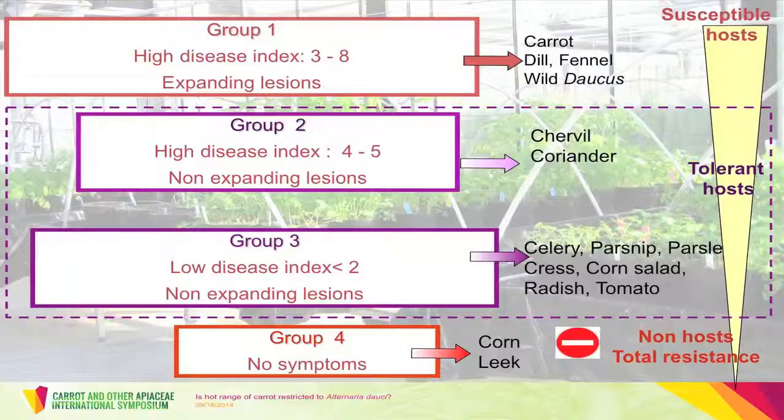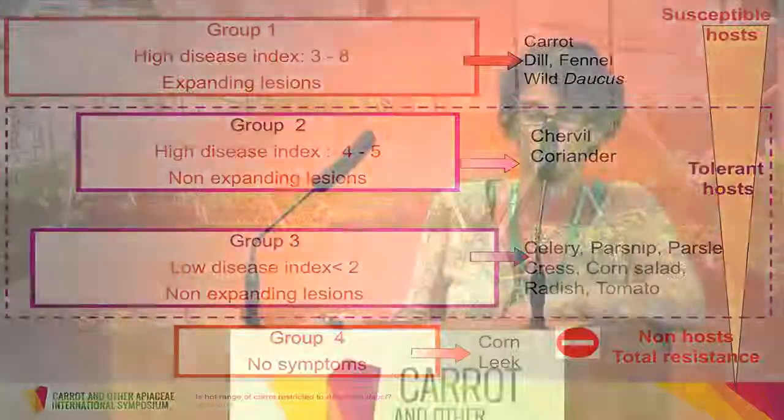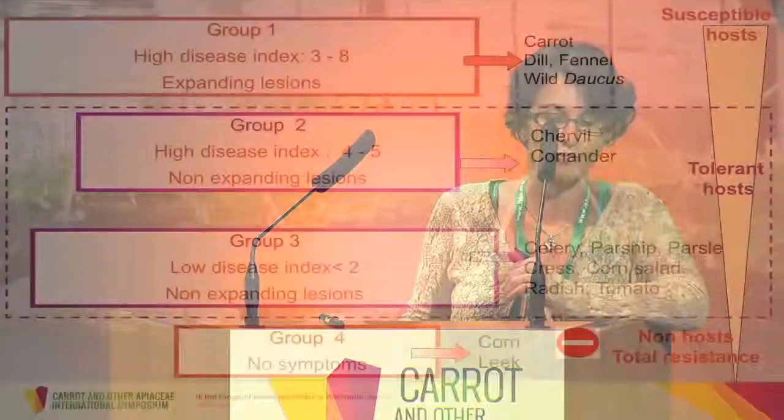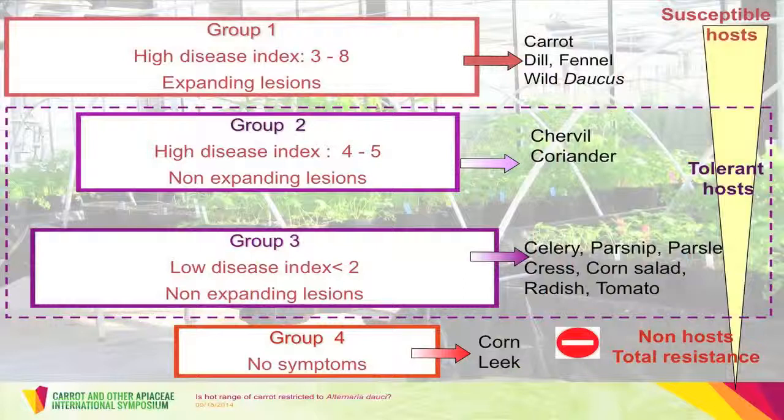And the group 2 and the group 3 are species with, in the first case, high disease index, in the second case, low disease index, but in the group 2 and 3, there were non-expanding lesions. So here you have species such as chervil, coriander, celery, parsnip, etc. And the group 4 is a group where there were no symptoms at all, so here it's sweet corn and leek.